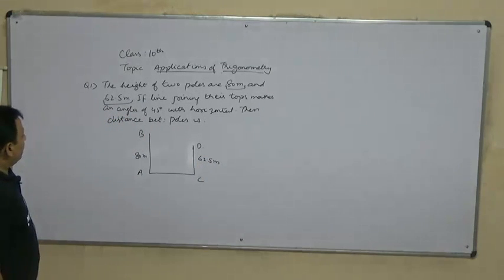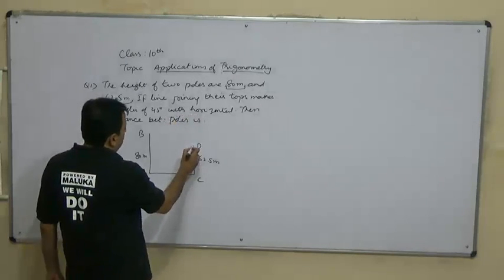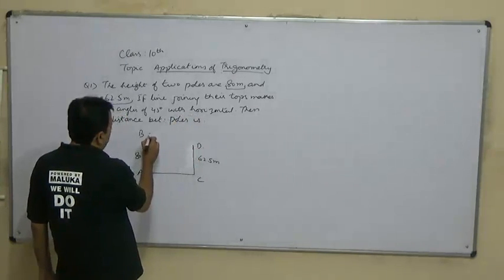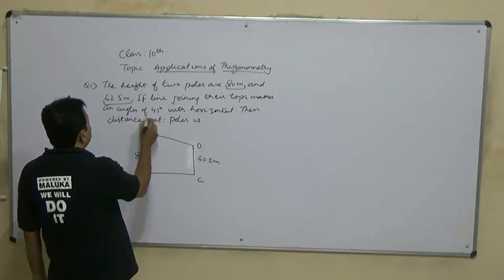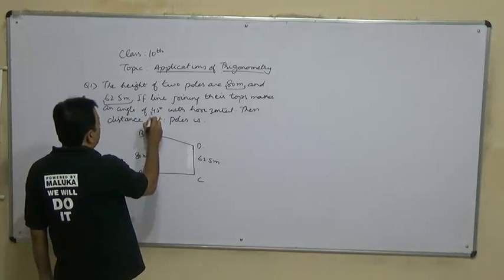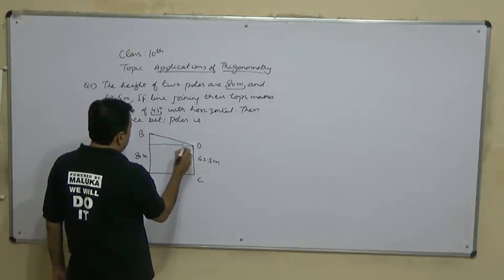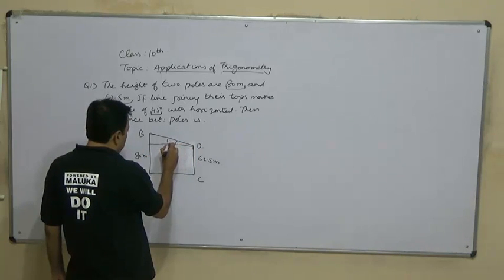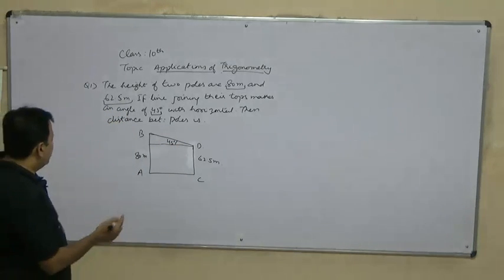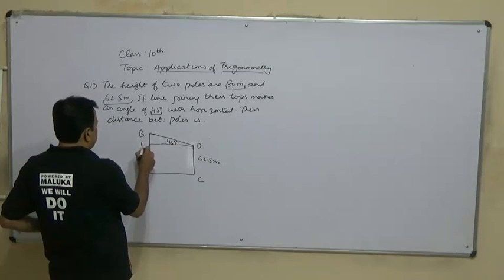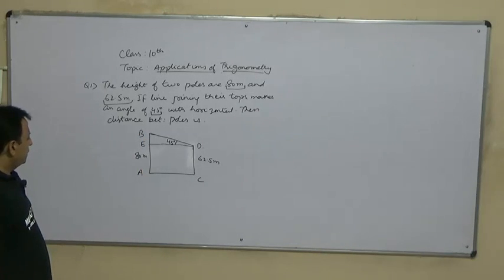If the line joining their tops, BD, makes an angle of 45 degree with the horizontal, let this point be E. Now can we find BE?